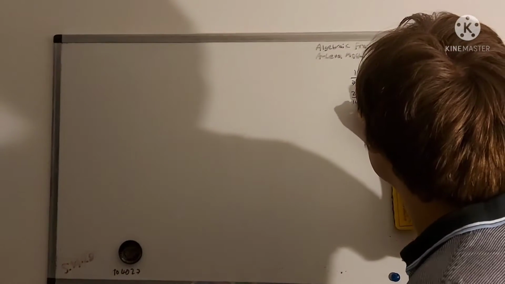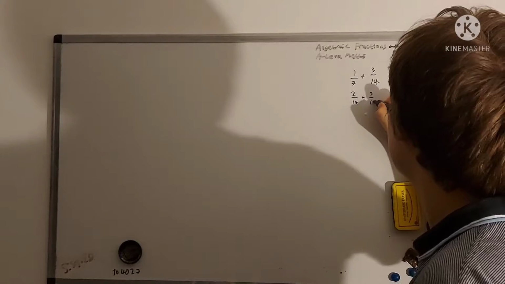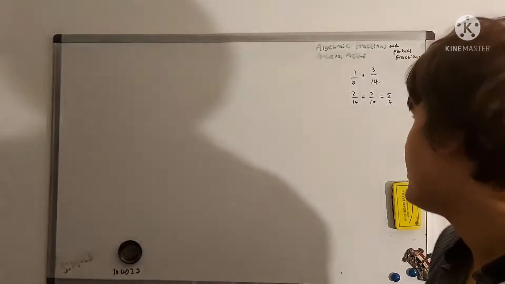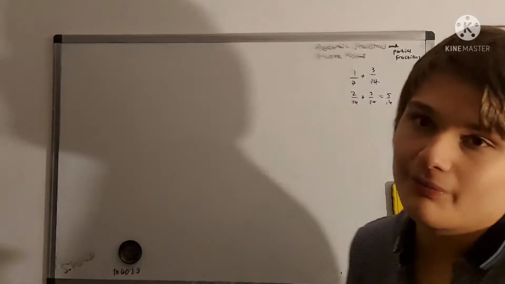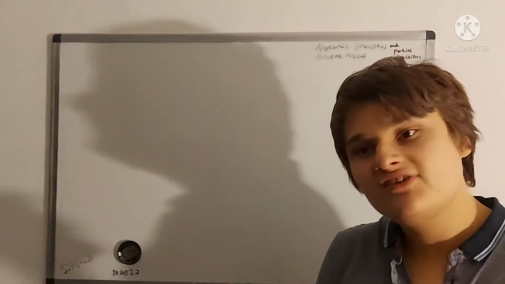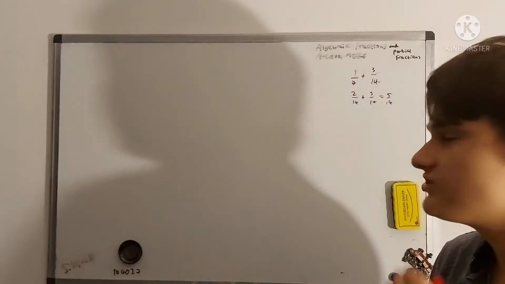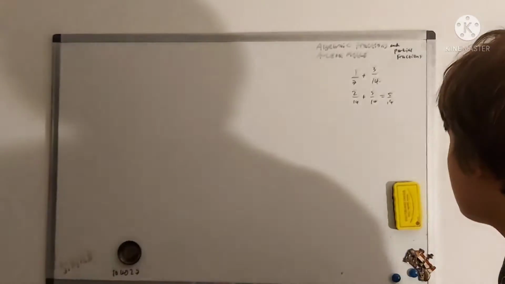That will be 1 over 14, that will be 3 over 14, and I get 4 over 14. Nice and easy. But what is the method that I'm using here? I'm finding a common denominator. And when we add algebraic fractions together, we're going to use this method of finding a common denominator, which is why I want to get you back into the swing of these sort of questions.